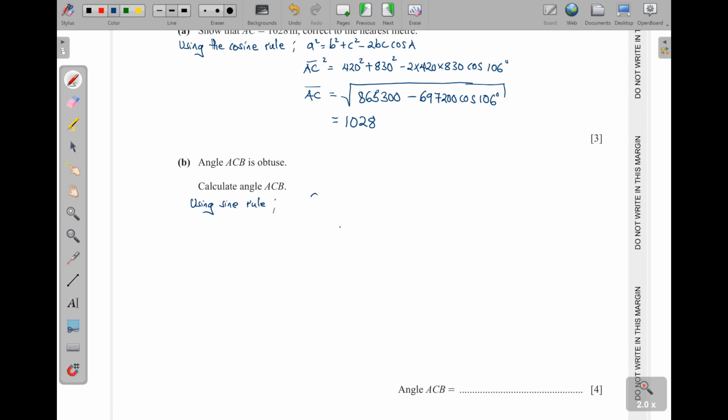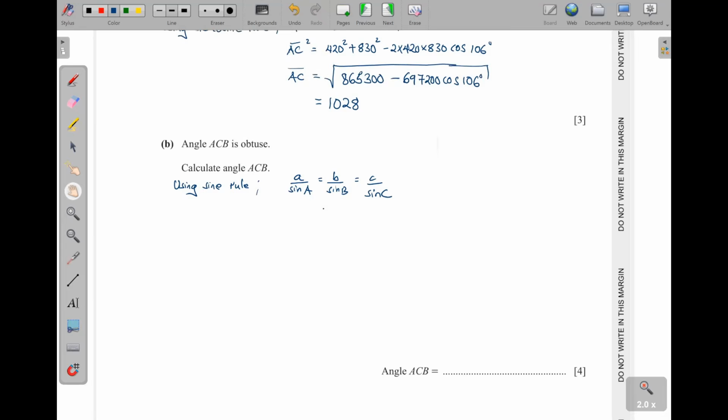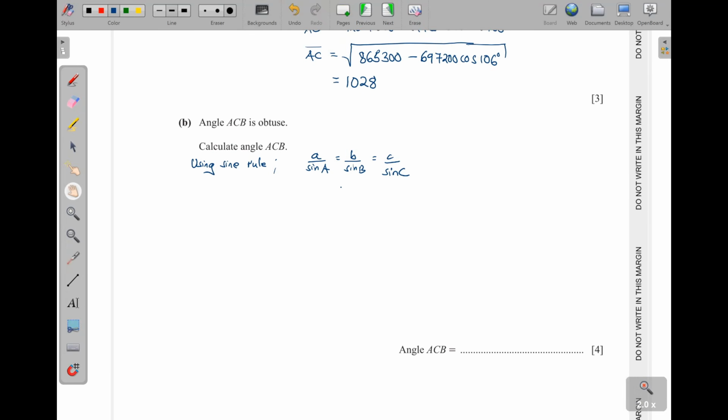which states that a over sine A is equal to b over sine B, which is equal to c over sine C. Here we are looking for angle ACB, so you can also flip this and have sine of A over a, equal to sine of B over b, equal to sine of C over c.